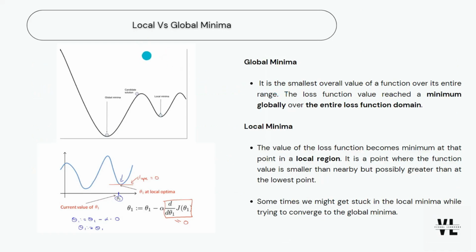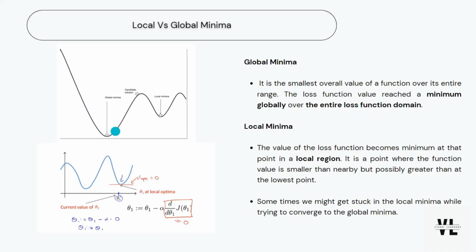So we need to differentiate between local minima and global minima. Global minima is the smallest overall value of a function over its entire range. The loss function value reaches a minimum globally over the entire loss function domain.